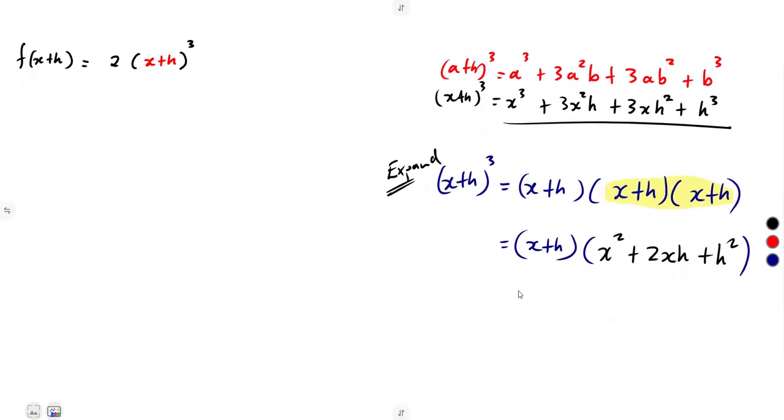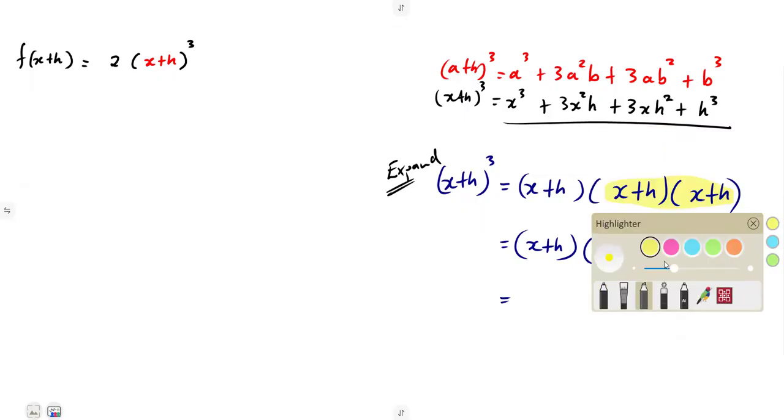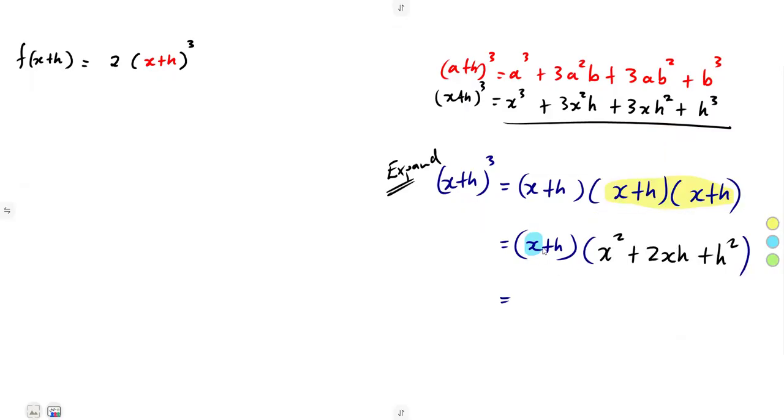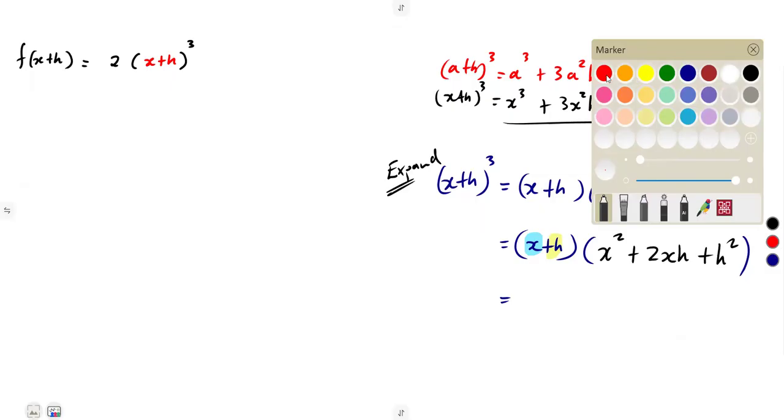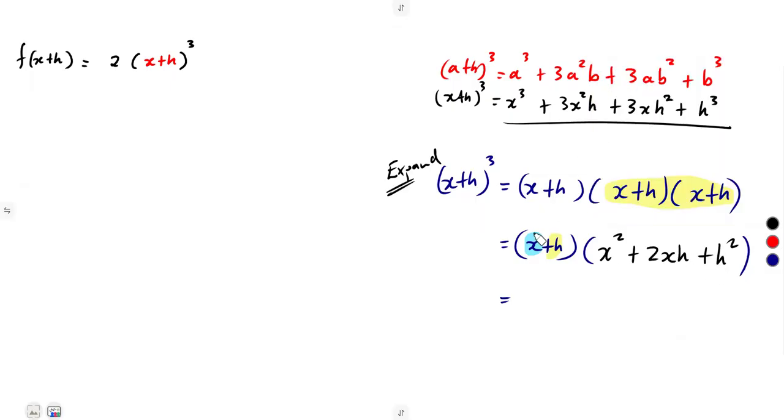Now we have this bracket to expand with the second bracket. So as usual, what is in the first bracket multiplies everything in the second bracket. There is x and there is this plus h. So we start with x, multiplying each and every term in the second bracket. So x times x squared is going to give us x cubed.